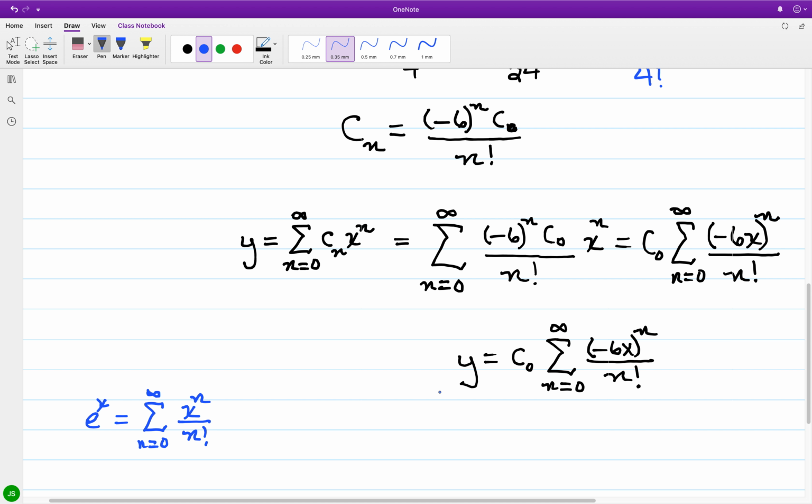If you notice, in y we have x projected out to negative 6x, and everything else is the same. So for the official solution in algebraic terms, we come out to y is equal to c naught times e to the negative 6x.